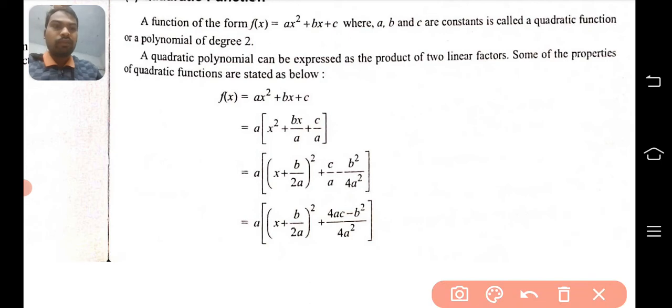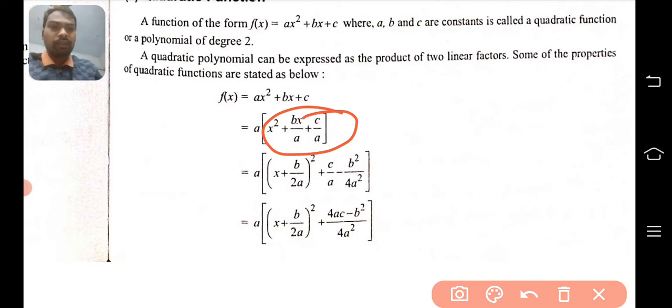So what is the functional form? We can say ax² + bx + c, because here the exponent 2 is the highest power. In this way we can take a outside: a(x² + bx/a + c/a).